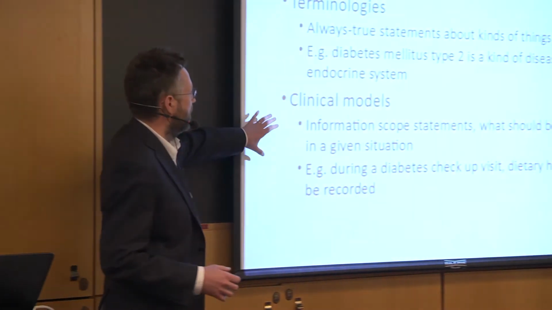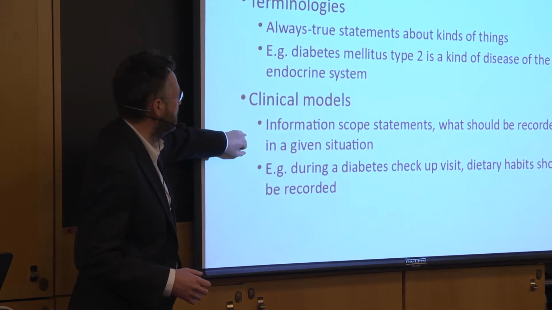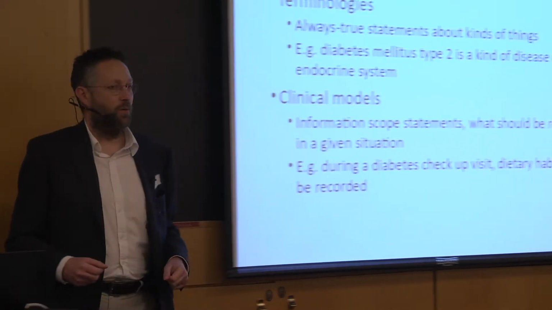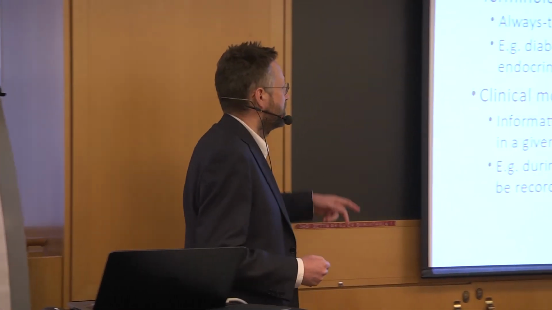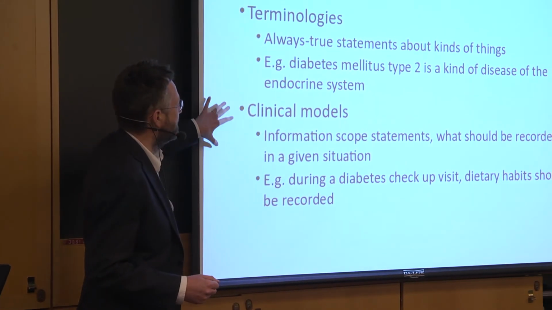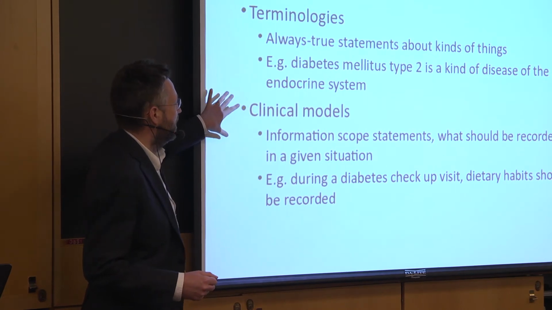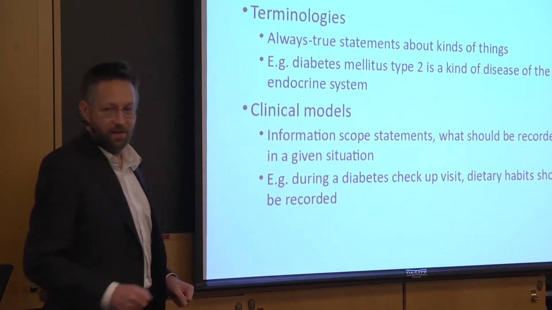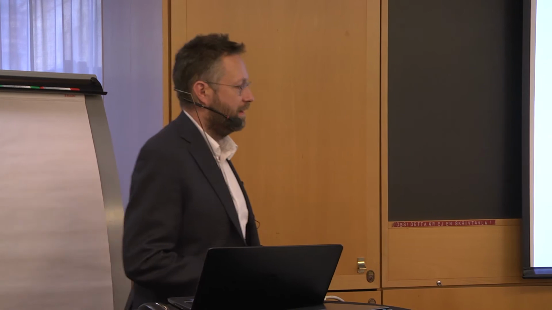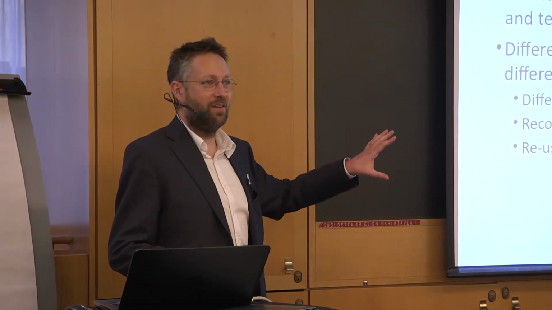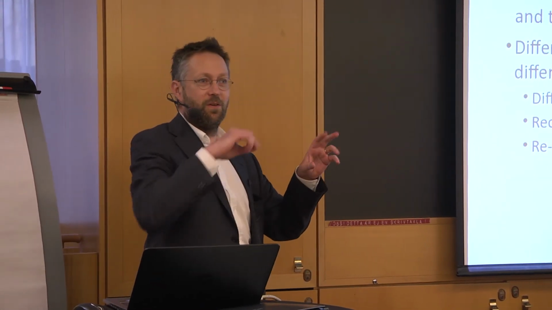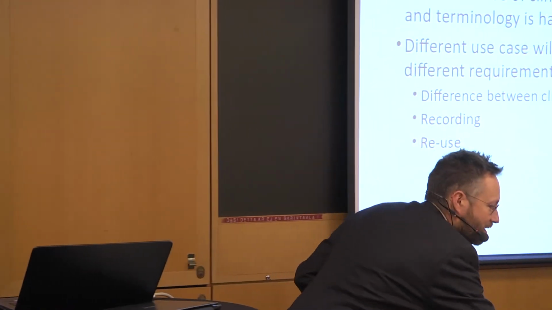Whereas clinical models are kind of information scope statements, so what should be recorded in a given situation, and that actually looks kind of different. But this is unfortunately an ideal picture, and in reality it's rather more like this. You saw the three circles on this one.